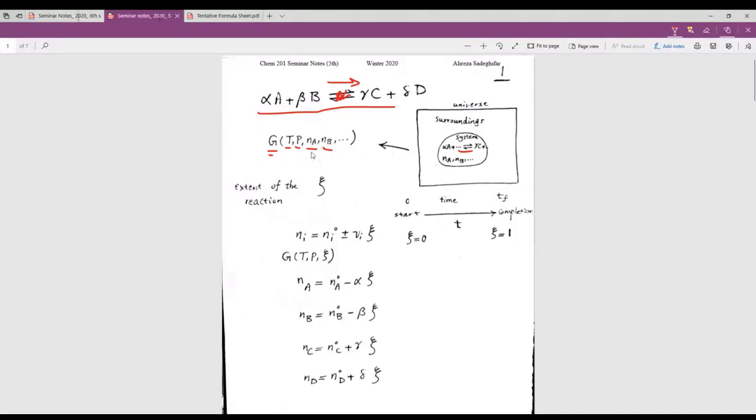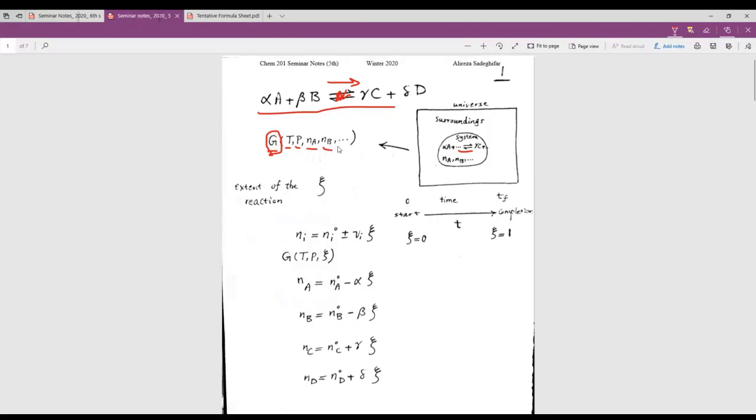So it makes things very complicated. We have to keep track of every single one of these species, A, B, C, D, any of these reagents in the system, in order to be able to calculate G at any time during the reaction. G or any properties of the system, for example, entropy, Gibbs free energy, or enthalpy.